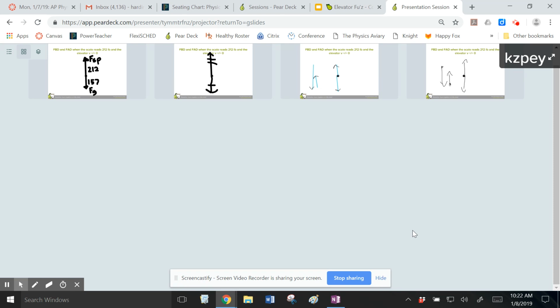Why shouldn't I have a third arrow in here? During this time when the scale reads 212, he's interacting with the Earth gravitationally. What is he touching? The scale. He's still just touching the same thing he was touching before. So I just have two arrows, but how do I get it to speed up in that direction that it's moving?